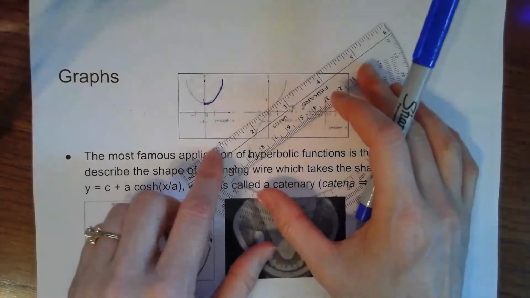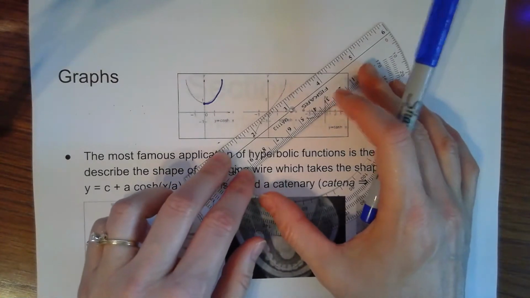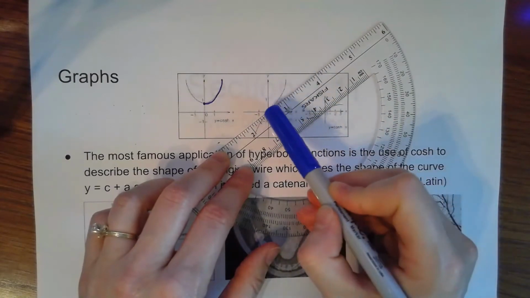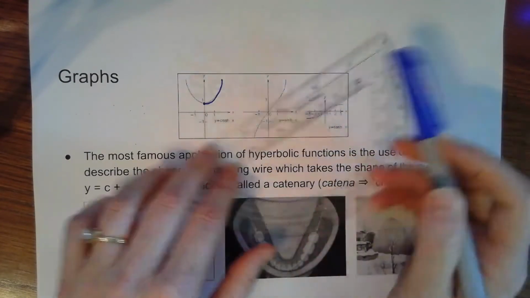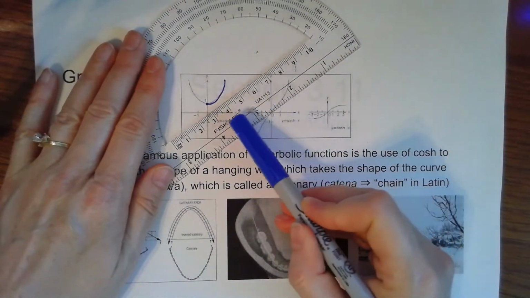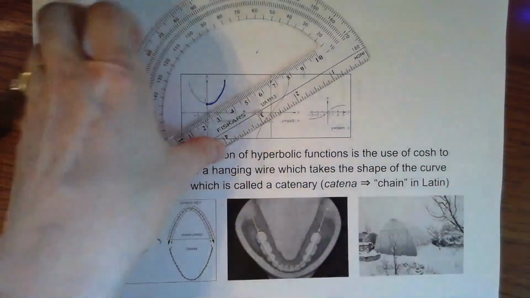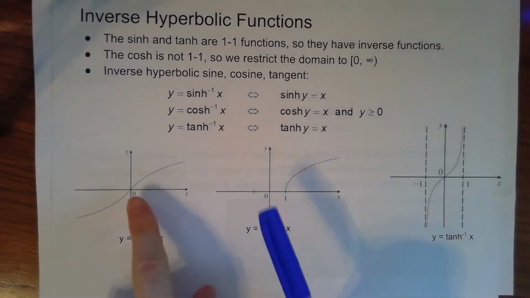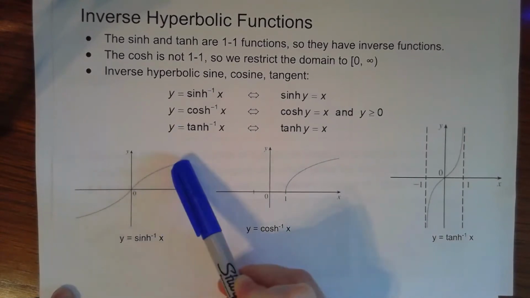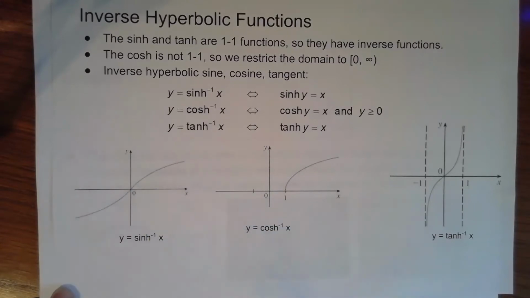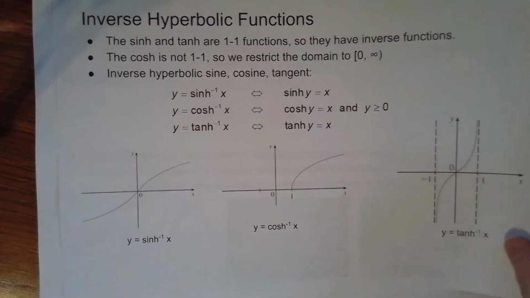If I were to put a 45-degree line in here, this one reflected over that would look like that, and this one reflected over the 45-degree line would look kind of like this. That's what we expected: this shape in the first quadrant and this shape in the third quadrant. So that's going to be the graph of the inverse hyperbolic sine.